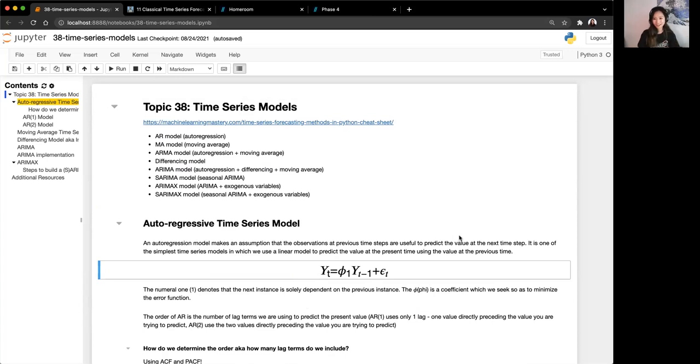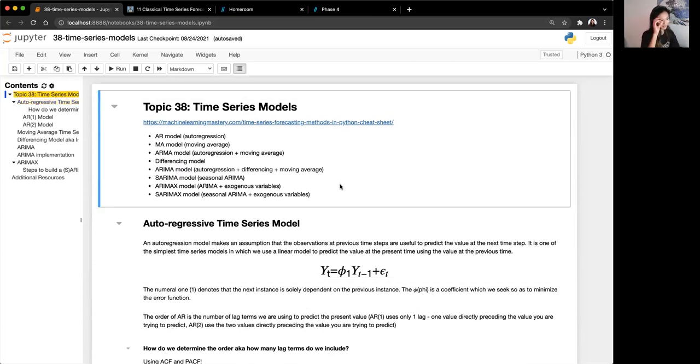The letters just define how the data looks, what kind of data you're adding, and what kind of features you're using in your model. The library that we will be using for these models is also statsmodels, so not scikit-learn, but the same library that gave you that nice tabular output for linear regression. So that's familiar. Okay, so let's go step by step and put these components together one by one.